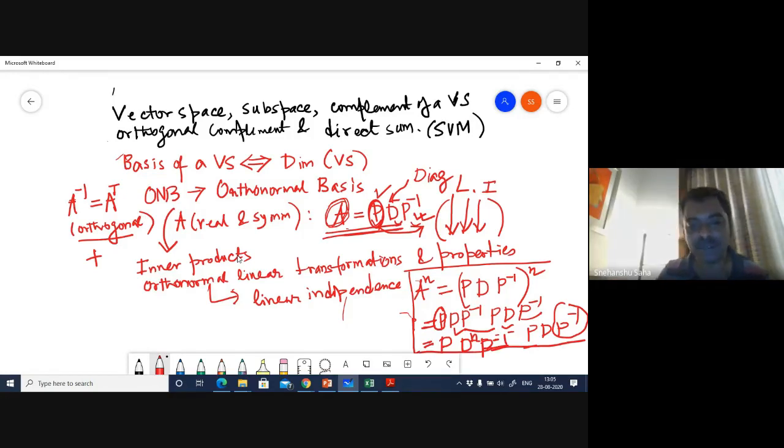So you see how nice this has turned out to be. If your matrix or linear transformation is real and symmetric, you have this result.